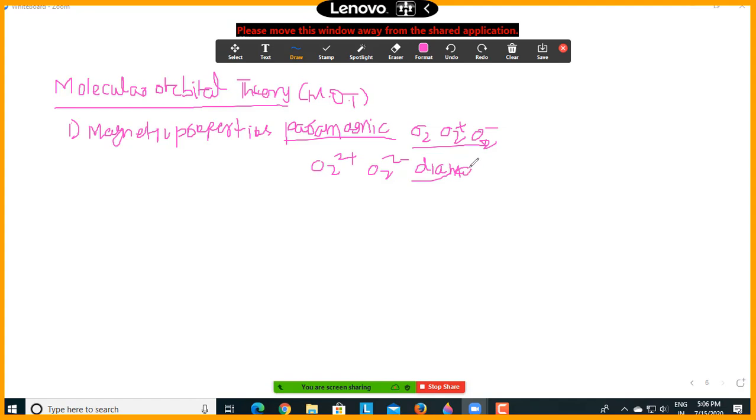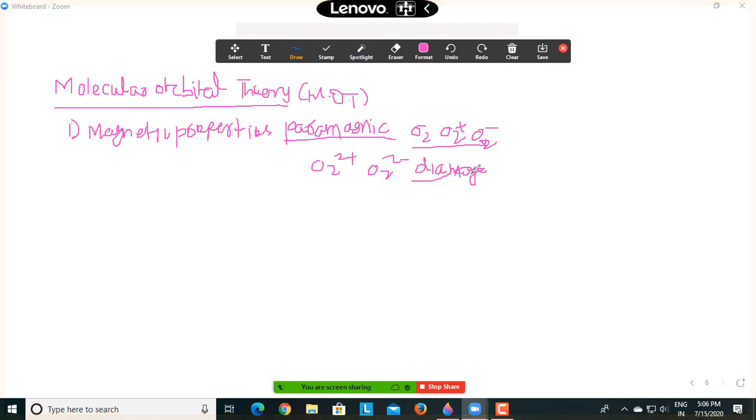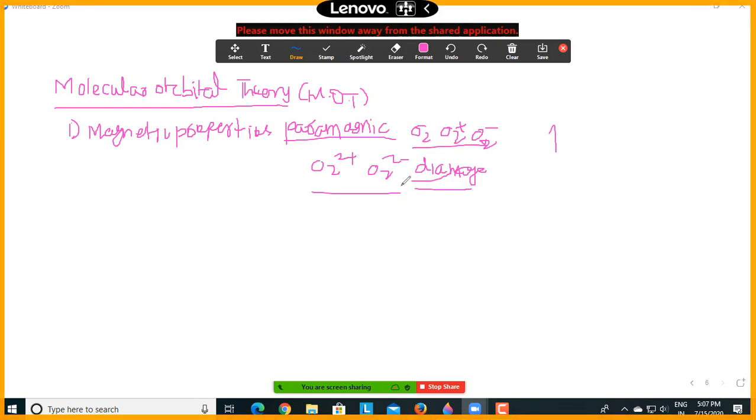Diamagnetic substances are those which, when kept in an external magnetic field, repel, they tend to oppose the magnetic field of the external magnet. And we told in atomic structure that substances which have unpaired electrons are paramagnetic, and substances which have paired electrons are diamagnetic.